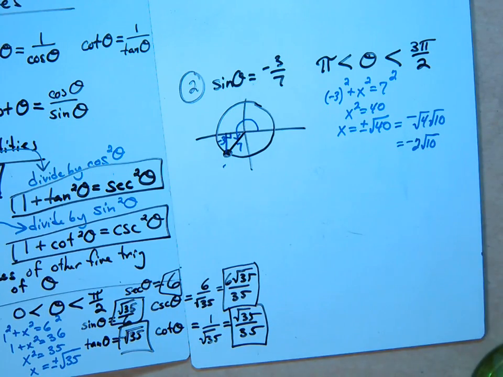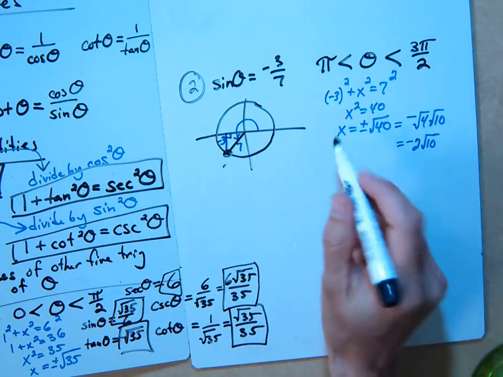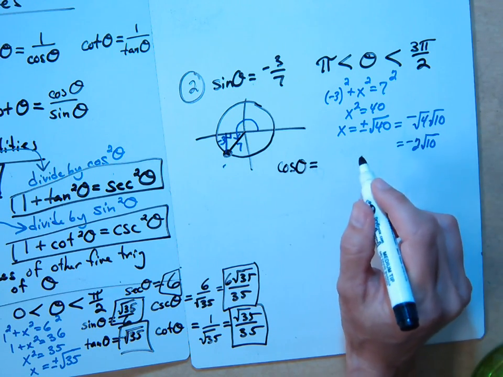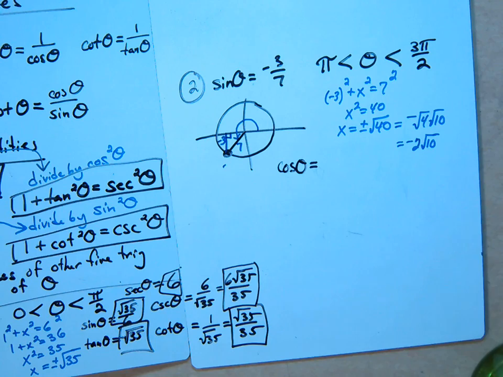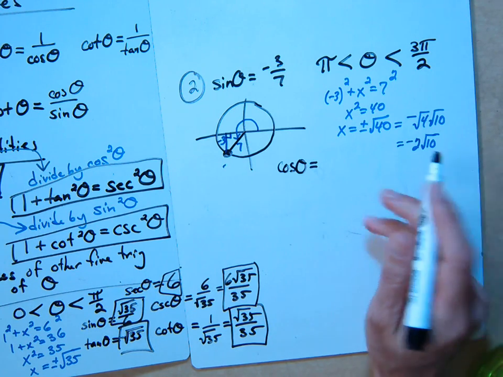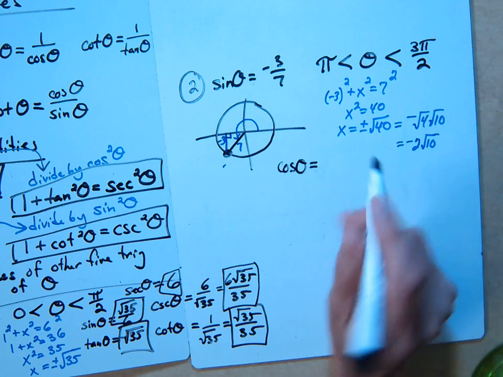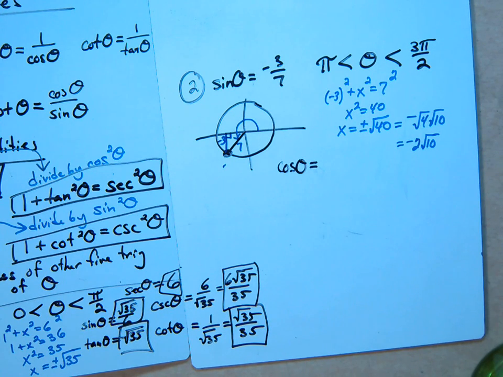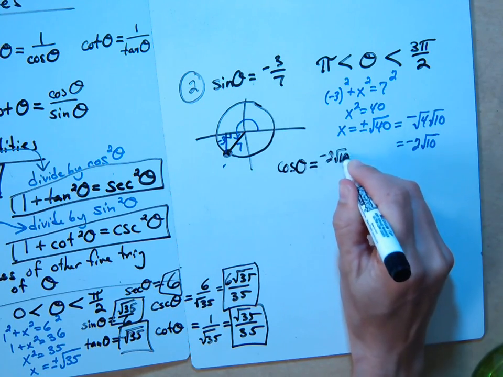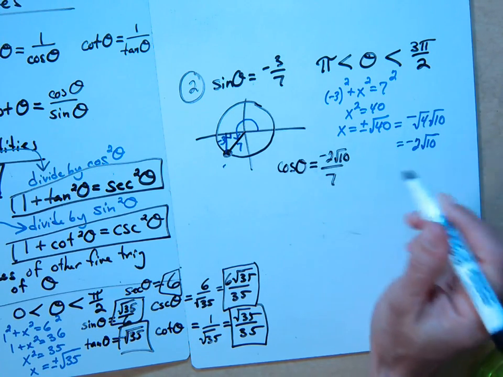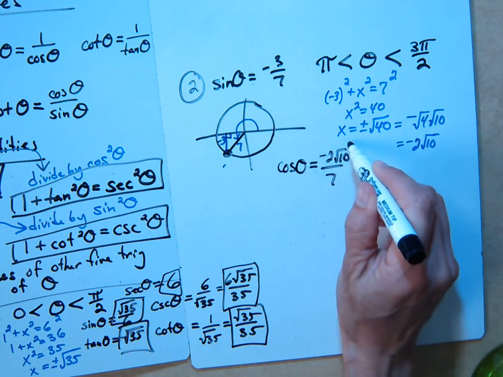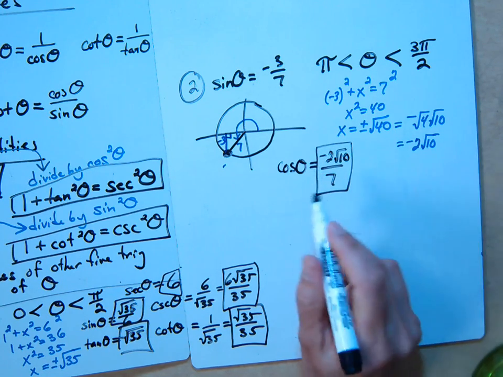So now we can answer all of our questions. We already have sine. So what's the cosine of the angle? Adjacent over hypotenuse. Cosine is? Negative, good. -2 root 10 over hypotenuse. And does that simplify? Nope. So that's done.